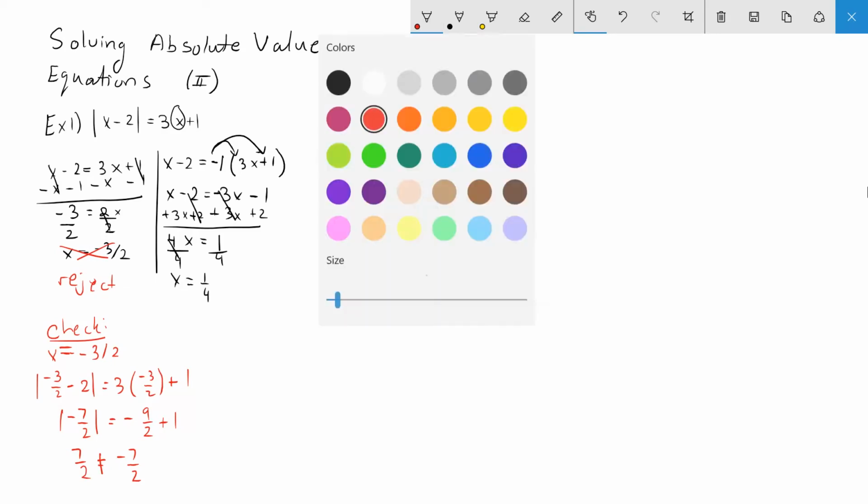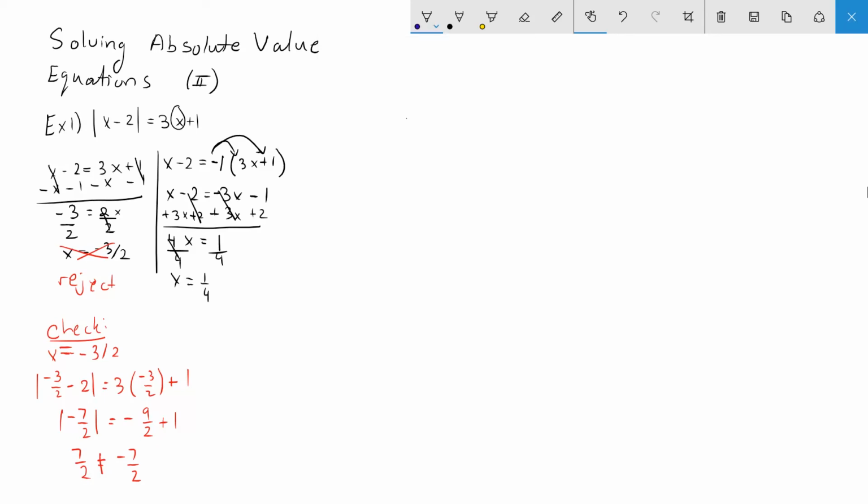Alright, let's check the other side. Let's use blue. So let's check x equals 1 over 4. And again, we're going to check in the original equation.